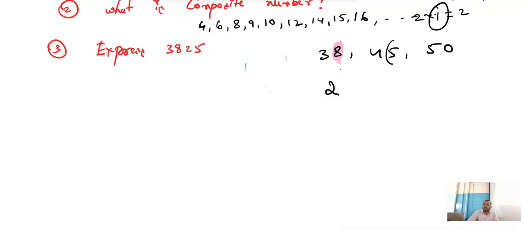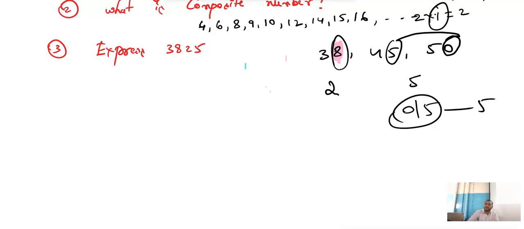If the number is ending with 5 or 0, then we have to take 5. This is a logic which I am giving you to factorize the given number. Any even number, 2, 4, 6, 8, take 2. Ending with 0 or 5, then take 5.